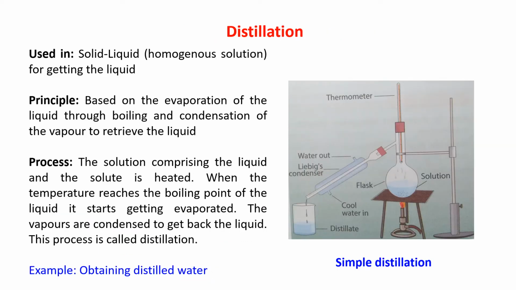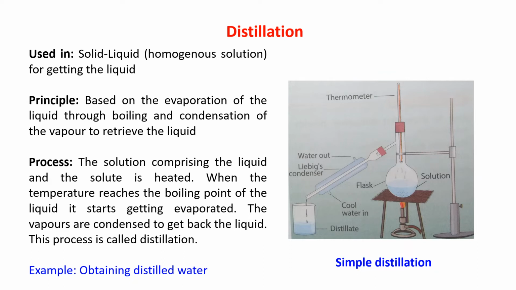This method is distillation. The distillation method is used to separate a solid-liquid homogeneous solution. From a homogeneous solution of solid and liquid, if you want to get the solid and the liquid, we use the distillation method. Sometimes to get a pure liquid also, we use the distillation method.